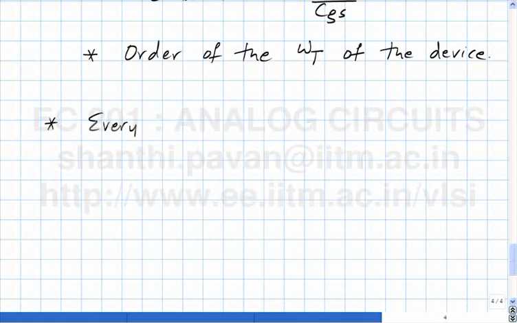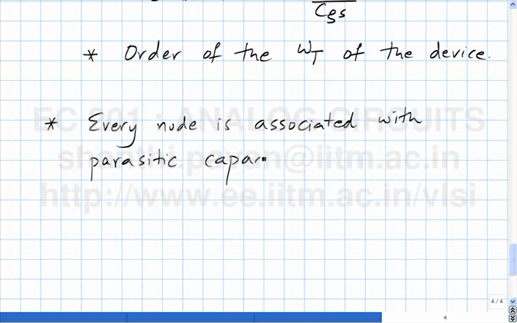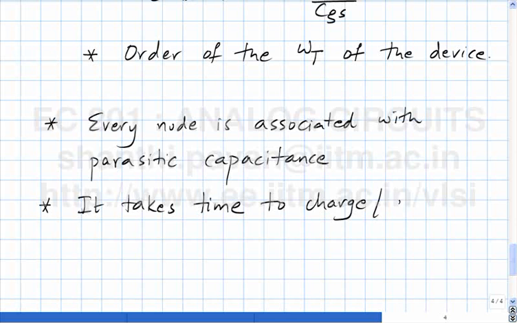Every node is associated with parasitic capacitance, and it takes time to charge and discharge capacitances.